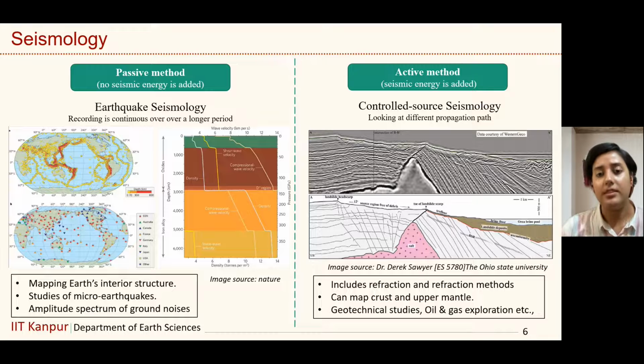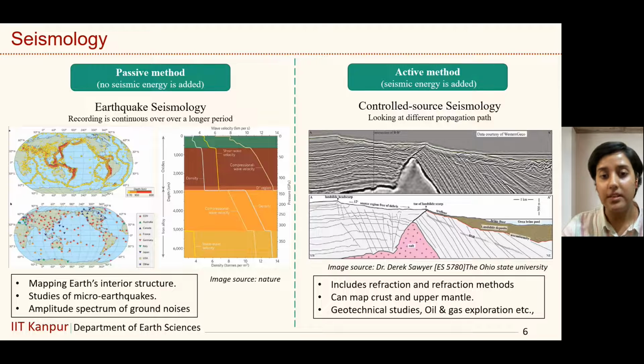As I mentioned earlier, due to the limitation of the length of the geophone array, we can go up to the upper mantle. Controlled source seismology also helps us to explore oil and gas provinces, or to conduct geotechnical studies where it helps to demarcate the bedrock for constructing dams or large buildings. Also it helps us to explore groundwater aquifers.